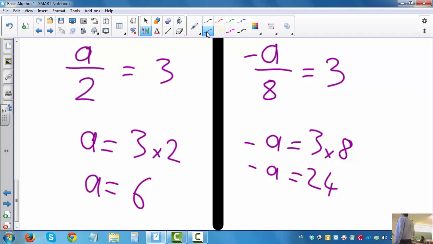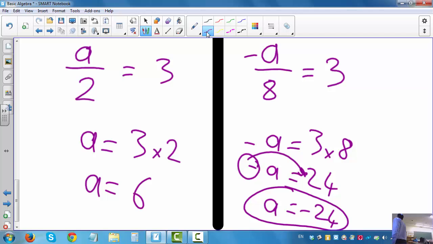So therefore this negative sign moves to the front of the 24, and A becomes minus 24. Done. As long as you know how to deal with the 4 mathematical operations, none of the homework and exercises will seem difficult to you.